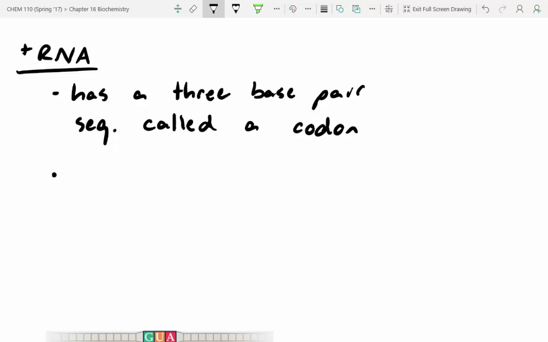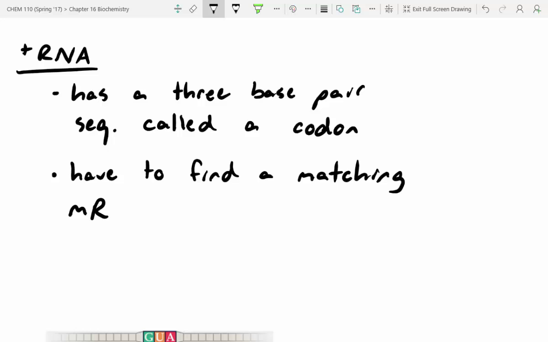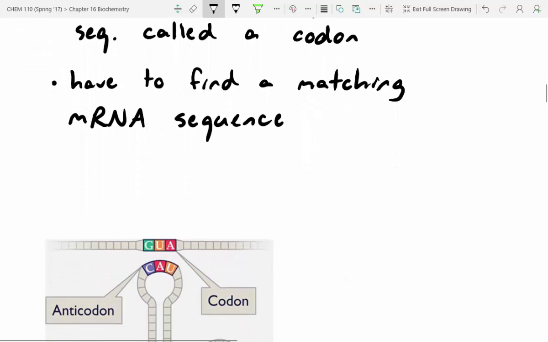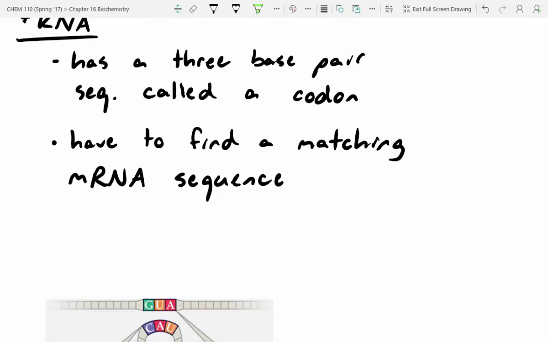And you have to find a matching mRNA sequence. It's amazing how this works, in my opinion. So let's take a look at one of these interactions. Or shoot, this should be called an anticodon. Sorry about that.